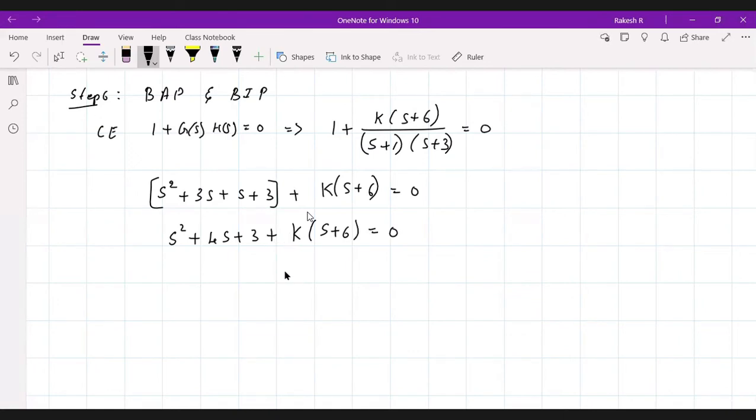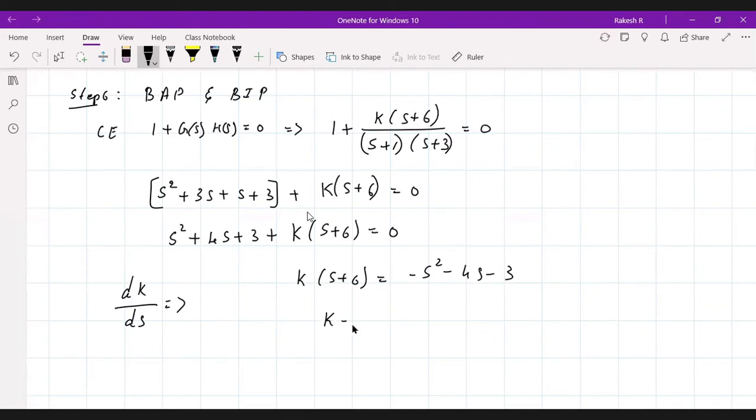I need to differentiate this in terms of dK divided by ds, right? So I write this equation in terms of K. So K into s plus 6 equals minus s square minus 4s minus 3.